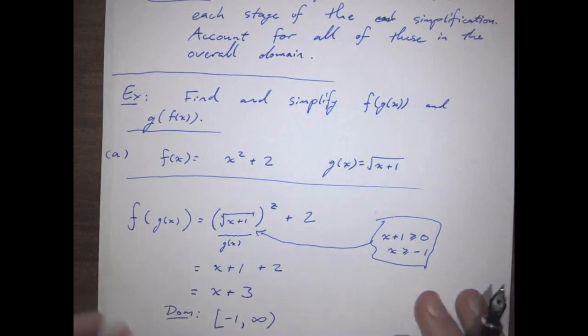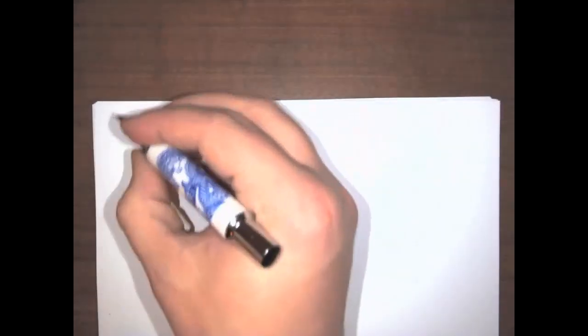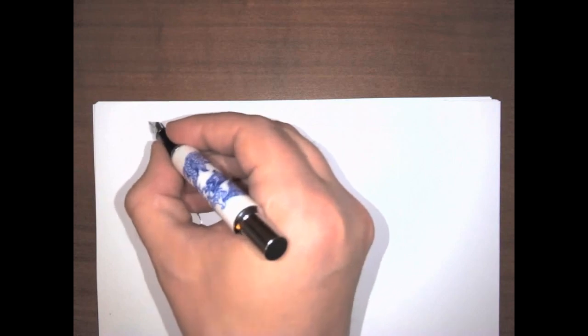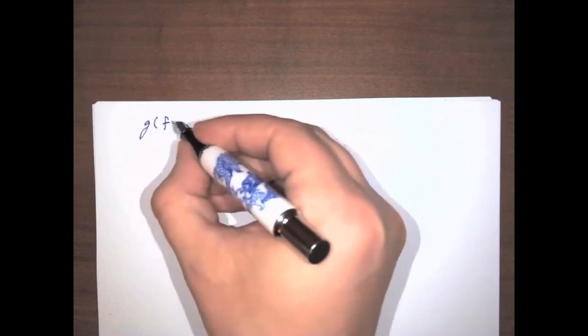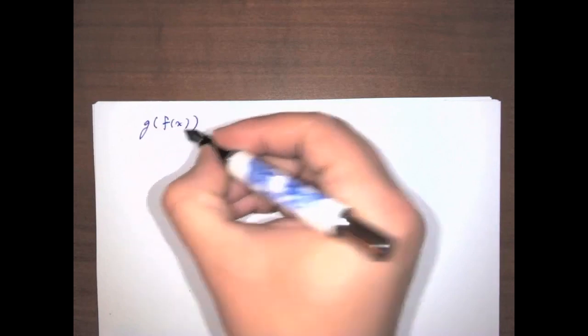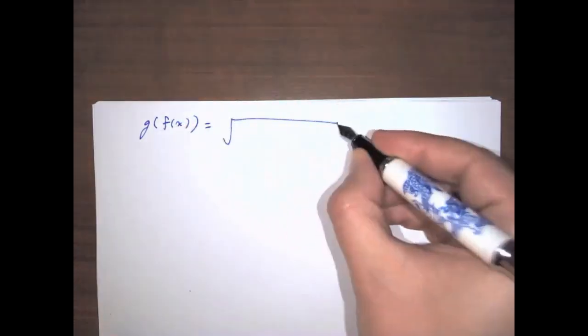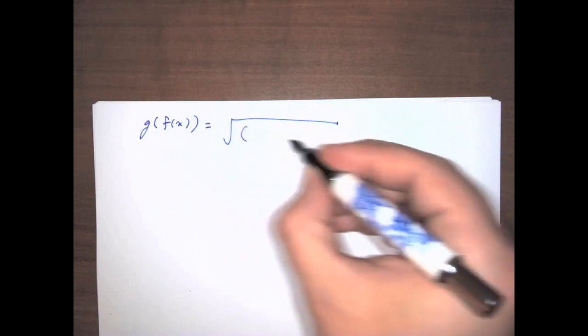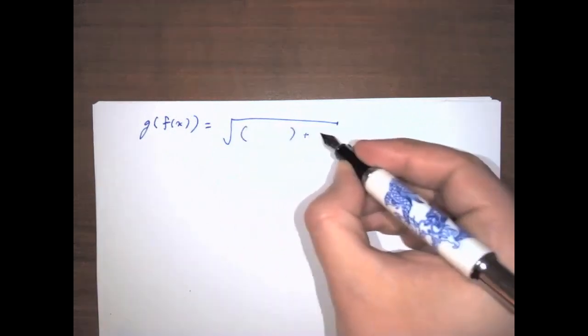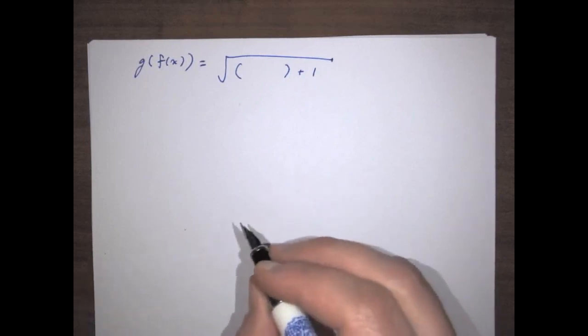But then we have to also turn it around and find g of f of x. So now it's a matter of taking the formula for g, and where there used to be an x, that's where we put the formula for f.